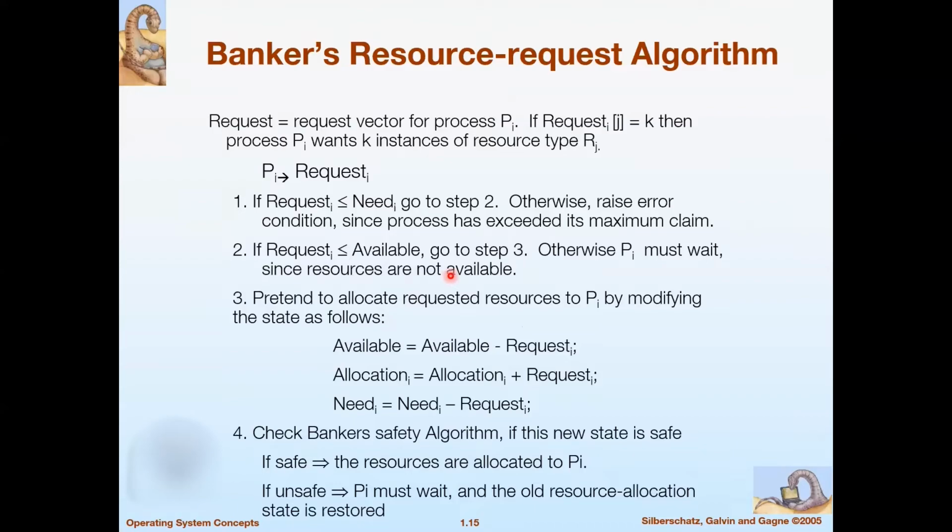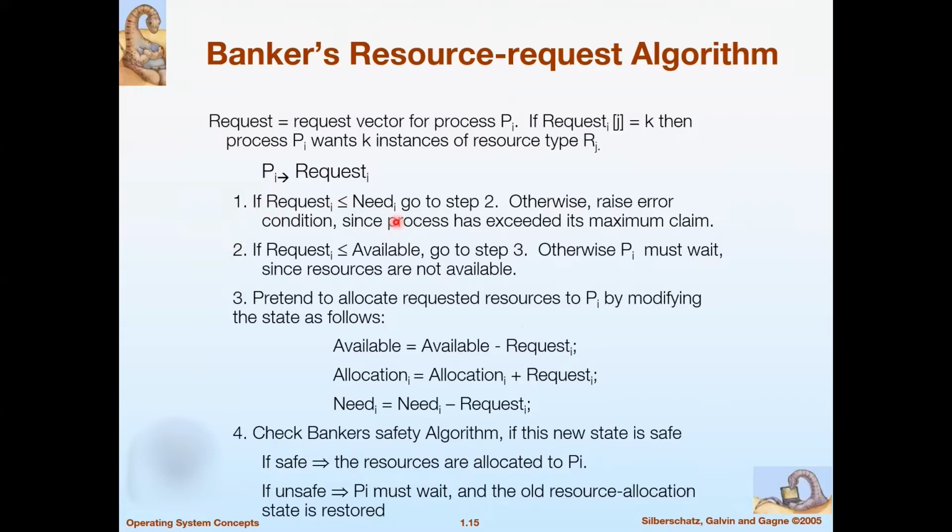And the other condition is whether Request i is less than or equal to its corresponding Need vector or not, so that the request must not contradict the maximum number of resources declared in the beginning. So the first condition checks whether it is a valid request or not.